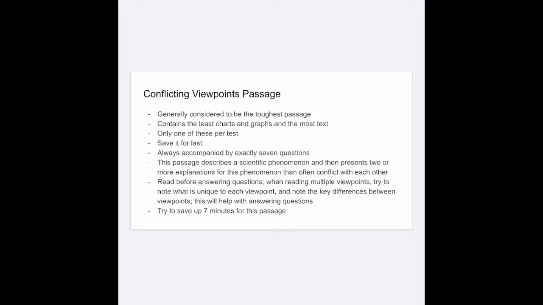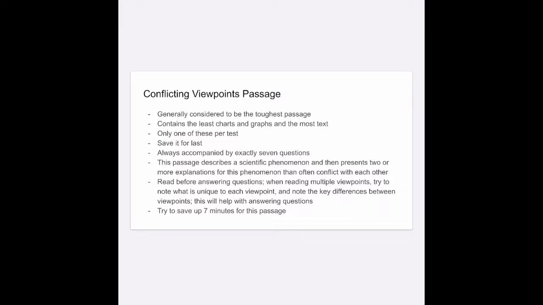So now let me talk about the conflicting viewpoints. The conflicting viewpoints passage is generally considered to be the hardest passage of the 3 types, because it contains the fewest charts and graphs and the most text. There's only one of these per test, and it's usually advised to save this for last because it's the most different of all of them.